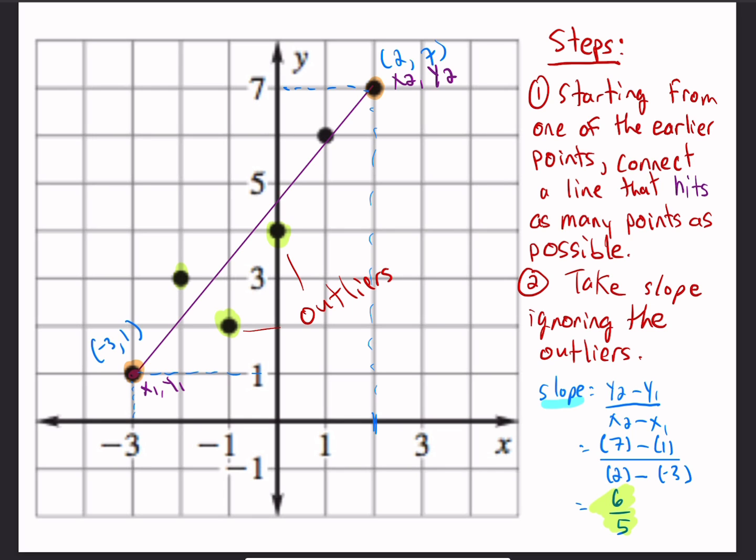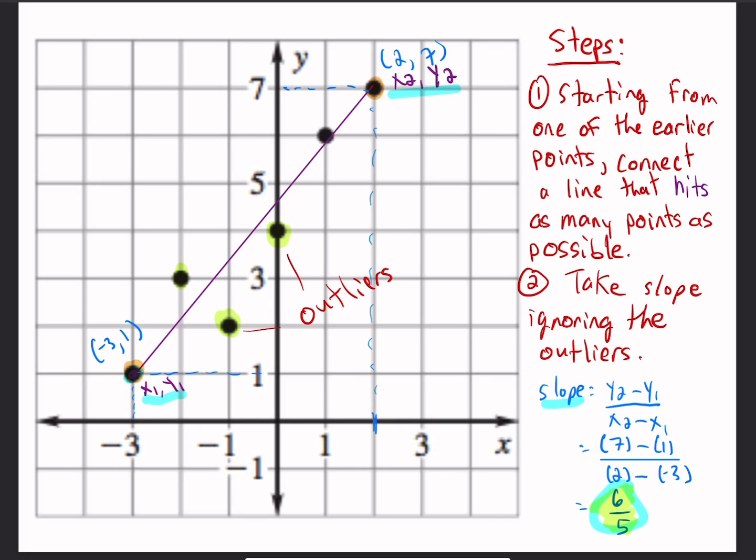Just to recap, the point that is most on the left is going to be your x1 and y1, and the point that is last on the right of the graph is going to be your x2 and y2. And so I did 7 minus 1 over 2 minus 3, and that gives me a slope of 6 over 5, which, since the value is positive, makes a lot of sense since this graph goes up.